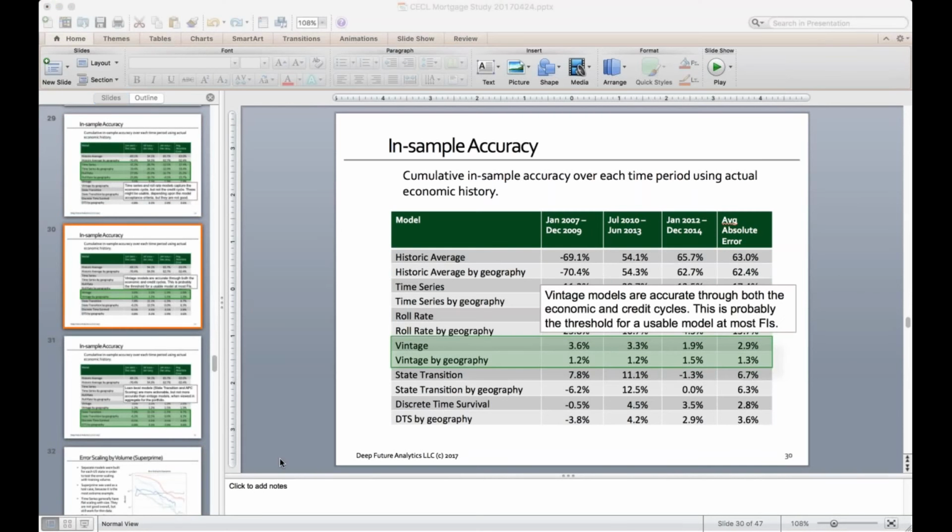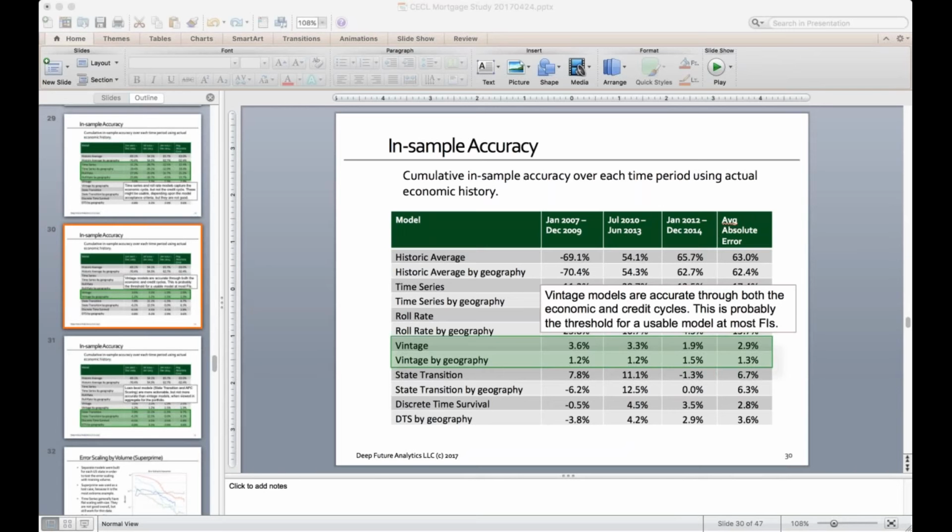And then the vintage model, the next one shown, this is still an aggregate model, but it's a model that allows us to measure both the credit cycle and the economic cycle. And that's why you get this dramatic improvement. Now, these are in-sample tests. And for the vintage model, it's hard to estimate the credit quality for recent vintages. So at the start of any forecast, you don't really know what the credit quality has been for the last 6 months.